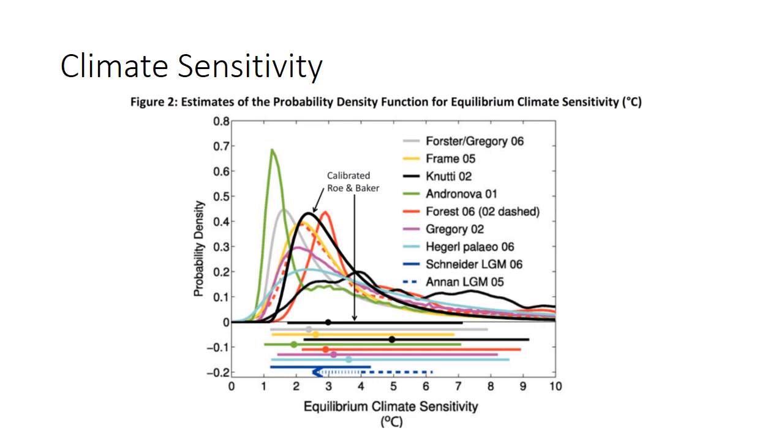Climate sensitivity is, we're not certain about it. How sensitive is the climate to different concentrations of CO2? There's different studies that estimate the distribution of this parameter, or the probable distribution of this parameter.